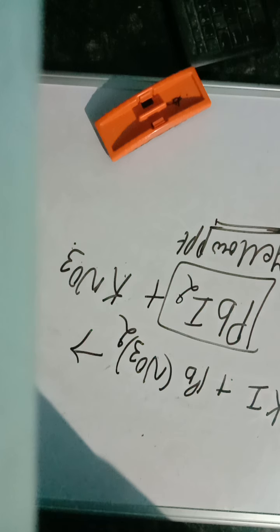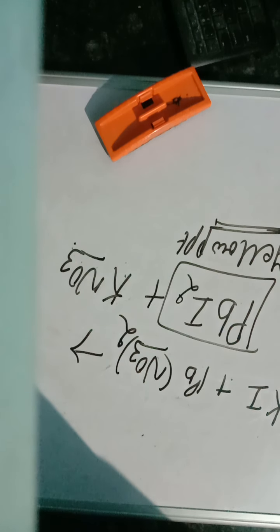So yellow precipitates are formed in this reaction. This is the reaction in which potassium iodide and lead nitrate react, and here yellow precipitates are formed.